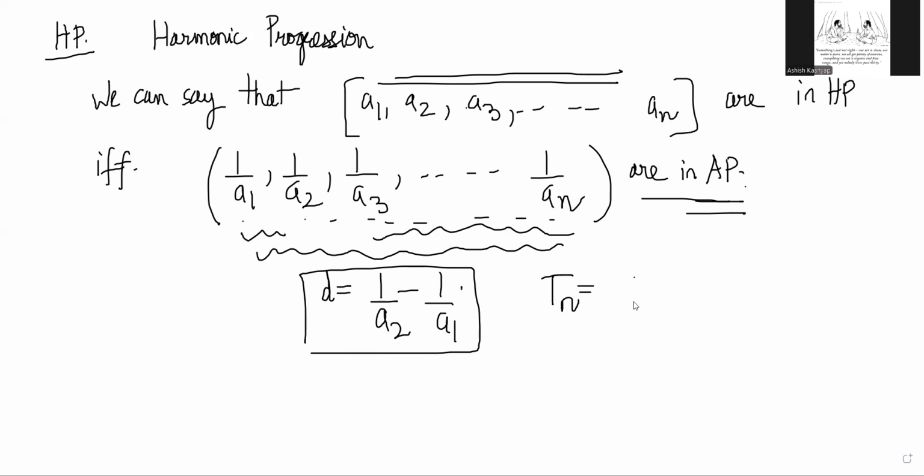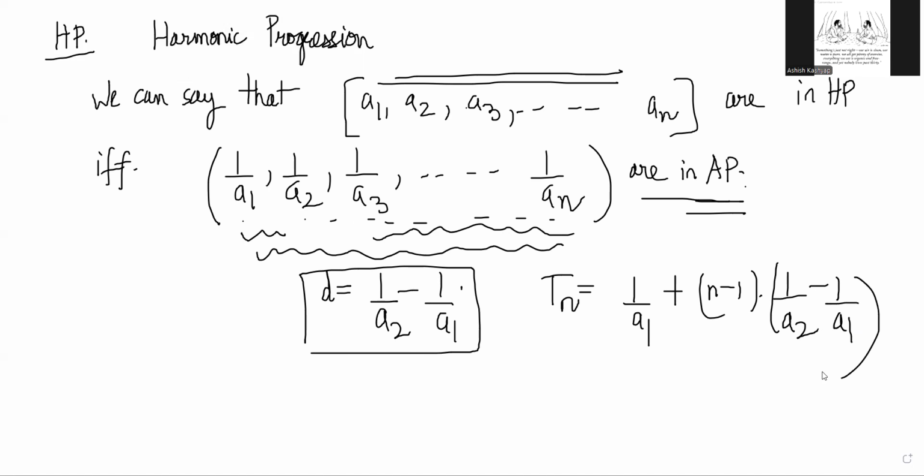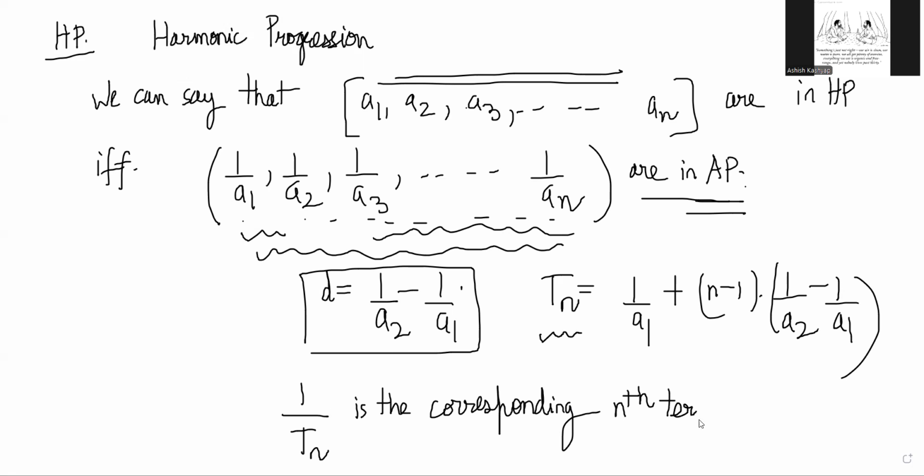Tn of the AP will be 1 by A1, the first term, plus n minus 1 into common difference, 1 by A2 minus 1 by A1, right? Correct? Yes, sir. Once I have found the nth term of my AP, all I have to do is take the reciprocal of that. 1 by Tn is the corresponding nth term of HP. Right? Yes, sir.